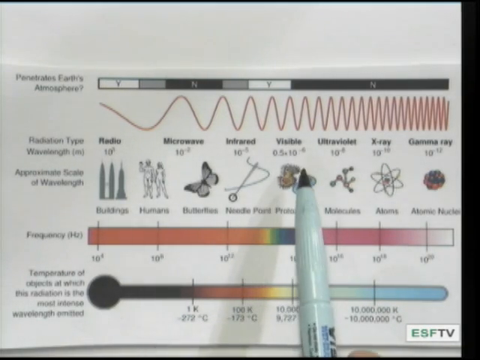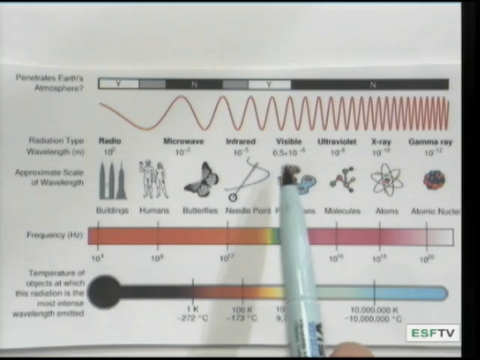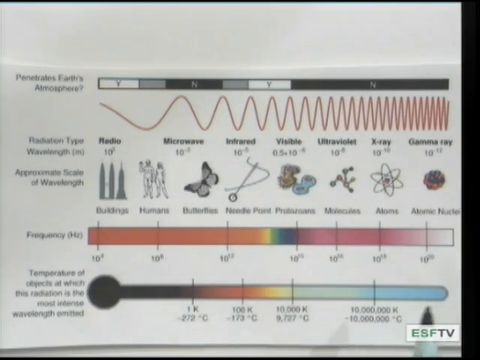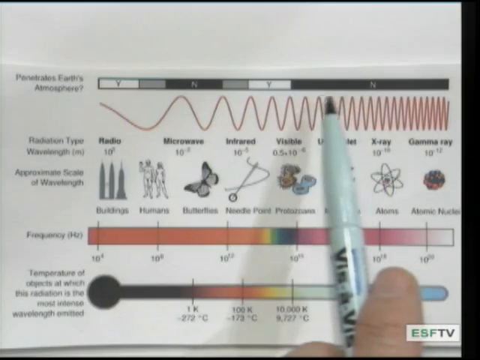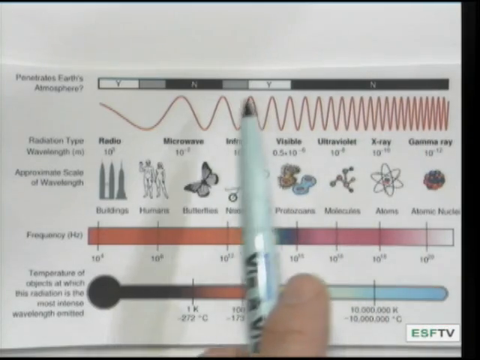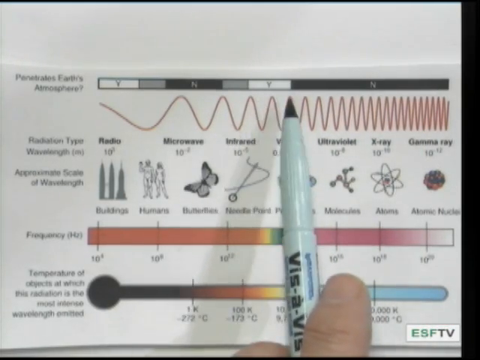And as we said, when you're looking at visible types of light, you're talking about a fairly narrow range of the electromagnetic spectrum that is possible. If you look at the kinds of electromagnetic radiation that can make it through our atmosphere, the visible range is only a fairly narrow part of this.